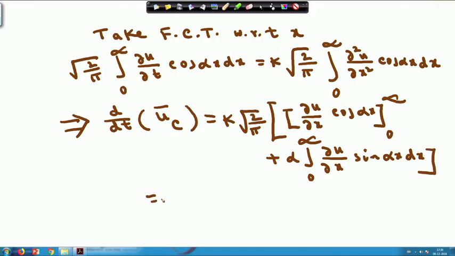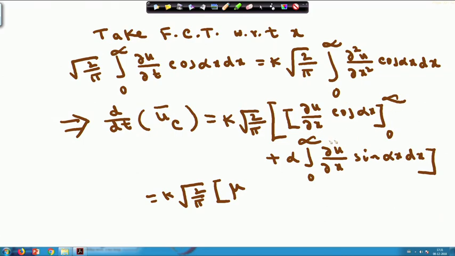This equals k into root over 2 by pi into this value. One value is known: at x equals 0, del u del x equals minus mu has been told, so at the lower limit minus mu will become plus mu, and the other term del u del x approaches 0 as x approaches infinity, which is provided in the condition, so that limit will vanish.